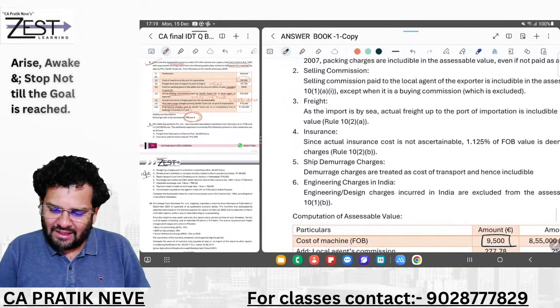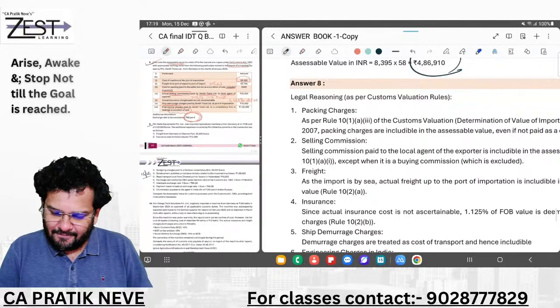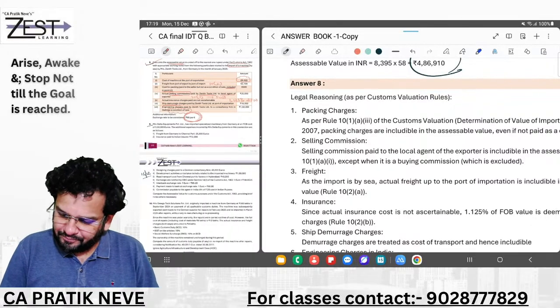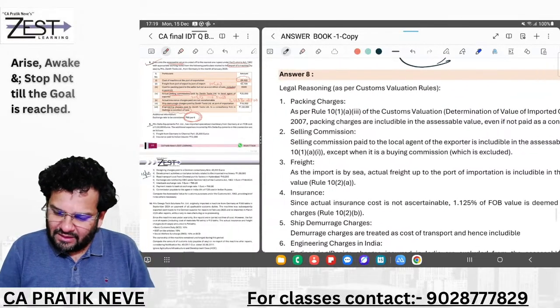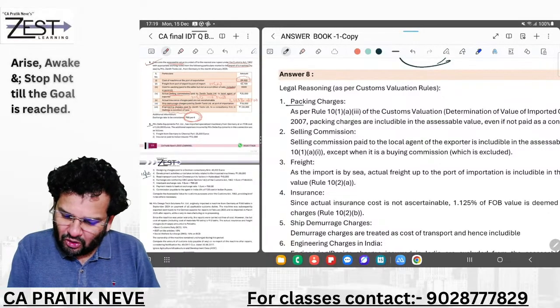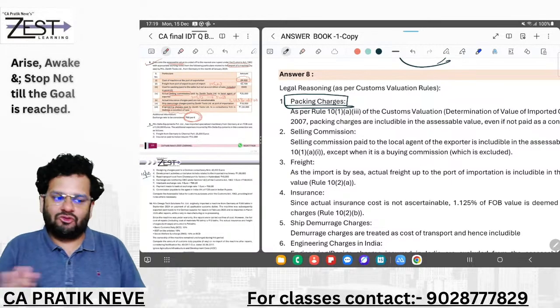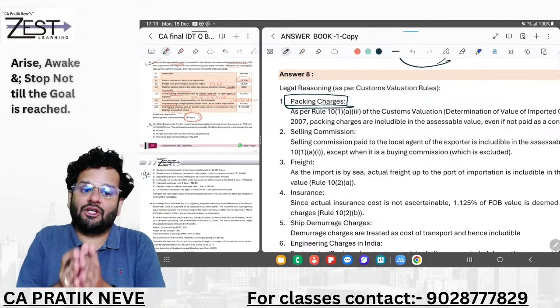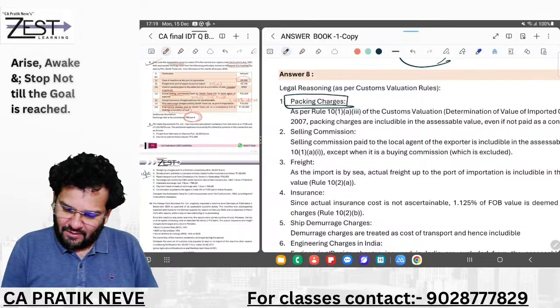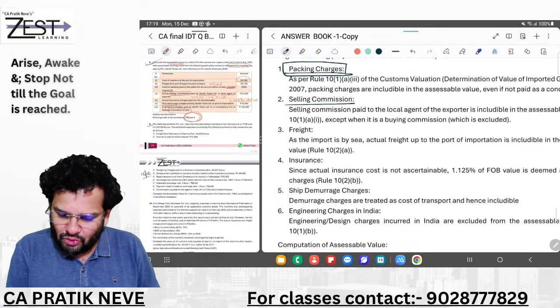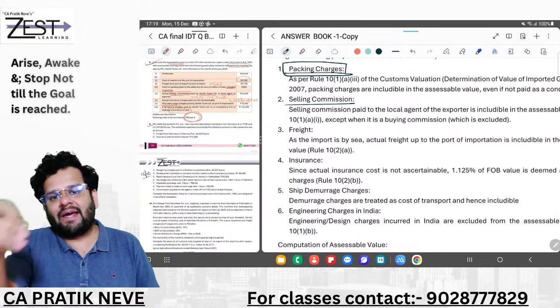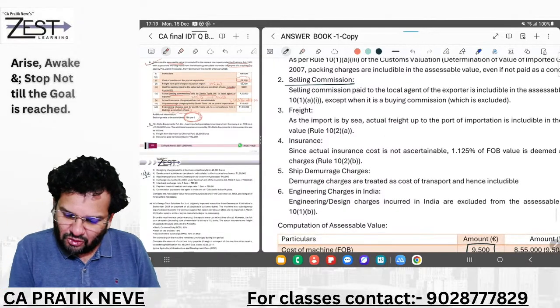So what you have neglected, please understand: packing charges were already forming part of that amount which you have paid. So no need to minus that, it will continue to be included. Selling commission, you have added it while calculating FOB.